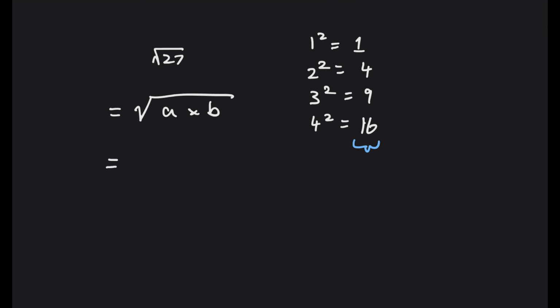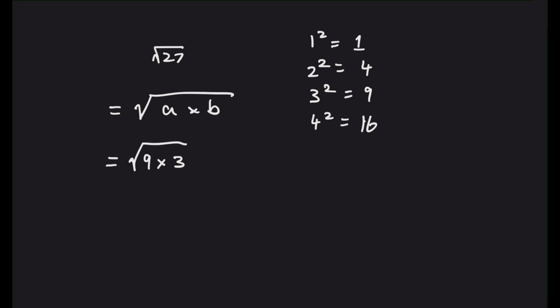You can use 9 for this, because 9 times 3 is 27. So replace 27 with 9 times 3. Now we use that fundamental idea: if you have two numbers under the same house, you can break them into their own houses like this.